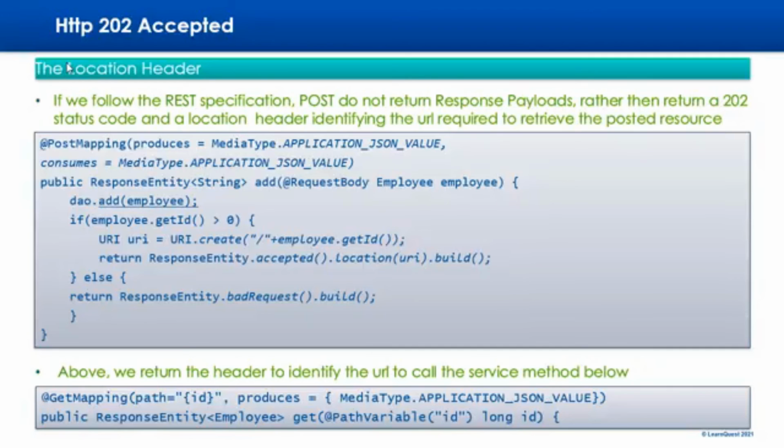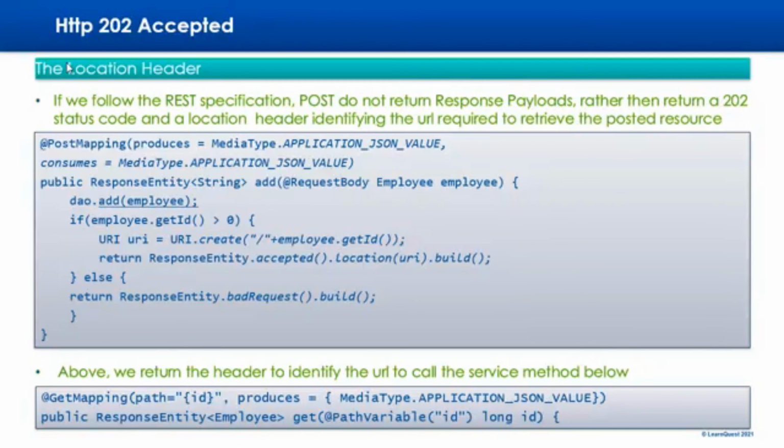Let's say we're successful and the JSON is marshaled into an employee object. The question is, what do we return? When we post data, if we look at the REST specification by Roy Fielding, posts do not return data. We push data to the service. We will return, as we've got here, a response entity of accepted unless we throw an exception.